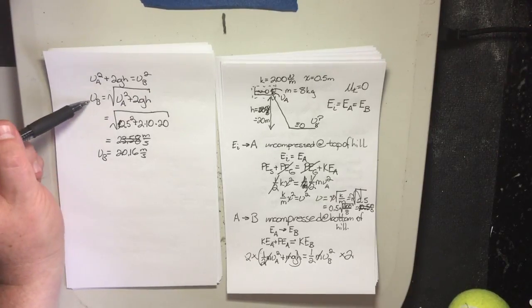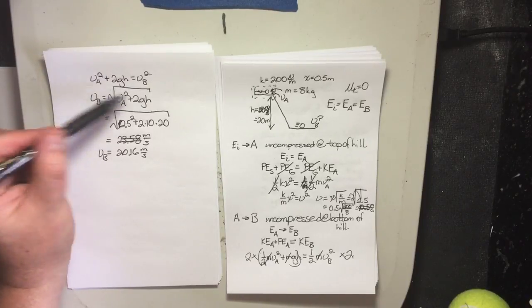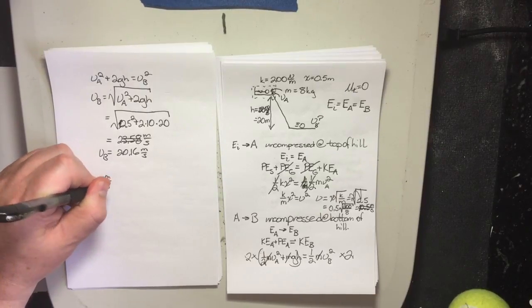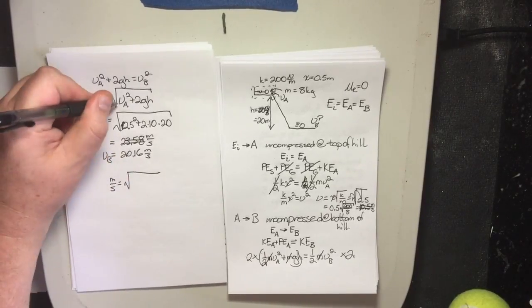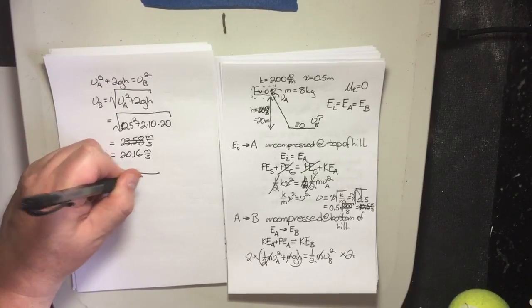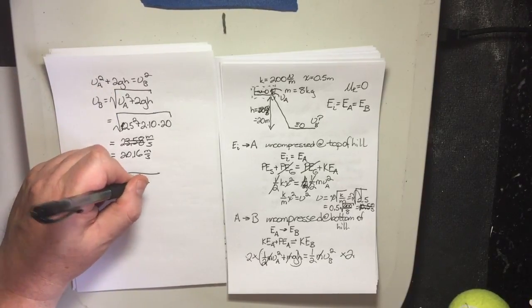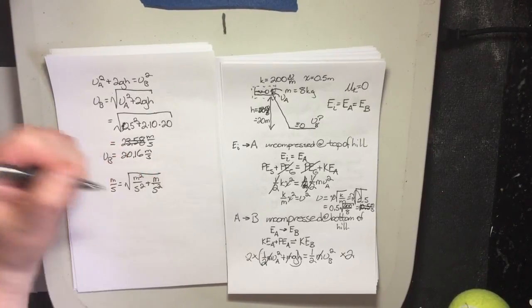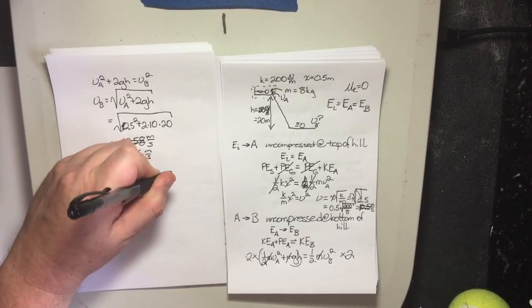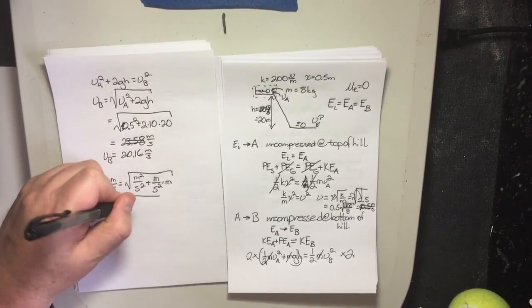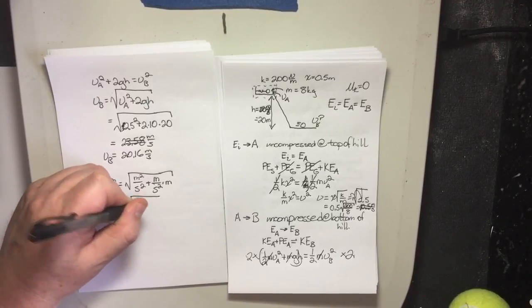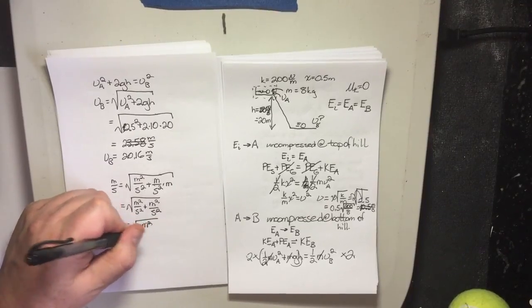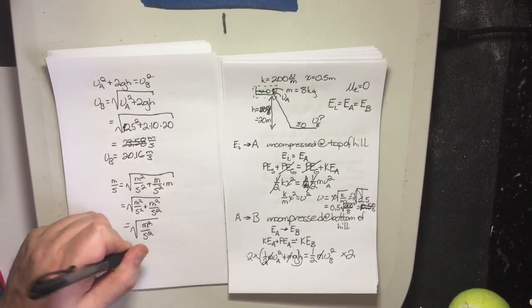The other thing that you could do is a unit check. You could look at this equation and go, I don't know if this is right. Well, VB is in meters per second. Velocity squared is meters squared per second squared. I don't care about numbers, they're unitless. Gravity is meters per second squared. Height is in meters. This becomes meters squared per second squared plus meters squared per second squared, which is meters squared per second squared, which is meters per second.